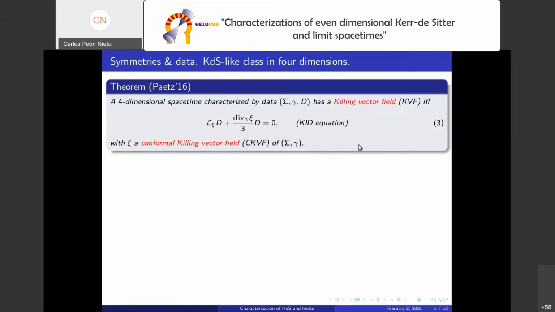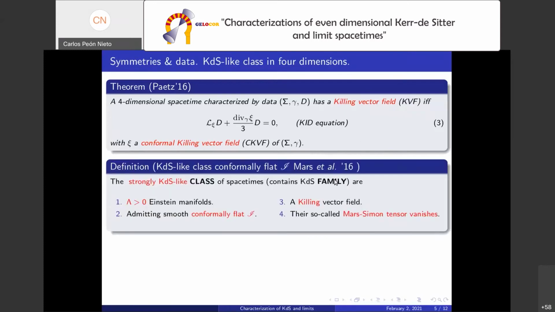So with this, I can now define the Kerr-de Sitter-like class with conformally flat scri. I will denote this class by the strongly Kerr-de Sitter class in this talk. Let me remark that when I say class, I'm going to refer to a collection of several families of spacetimes.